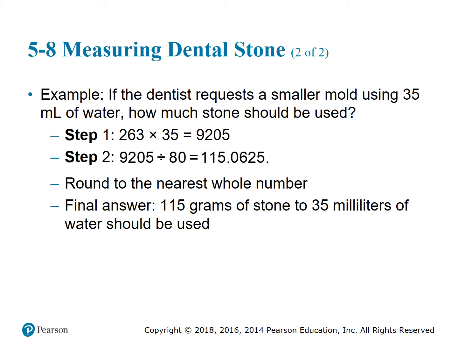Okay, so here we have our example. The dentist is requesting a smaller mold using 35 mLs of water. So how much stone should we use? Now I think it's easier, so I'm going to try to use my pen to write this out.